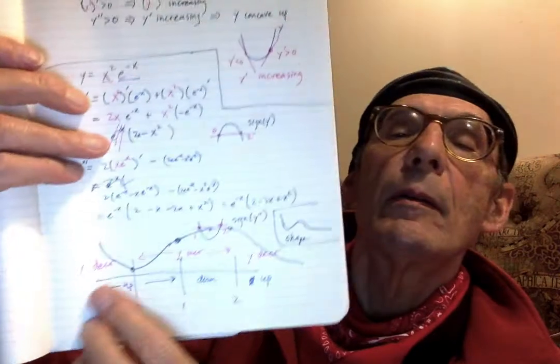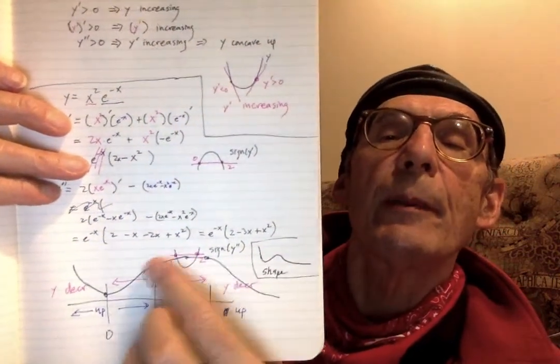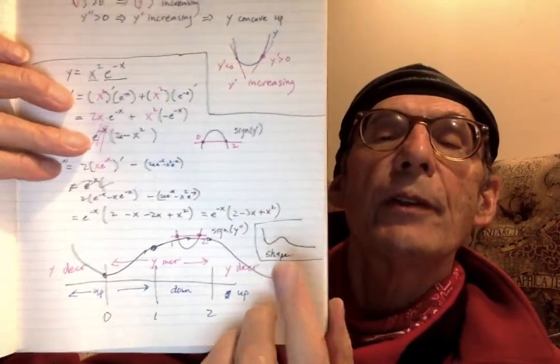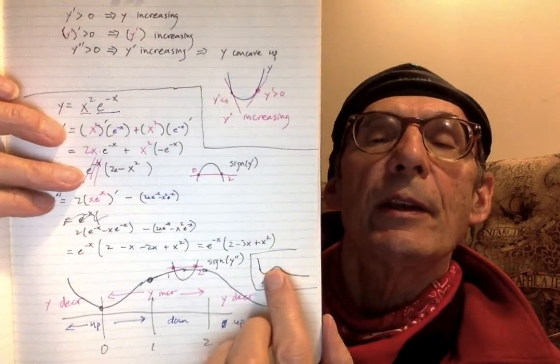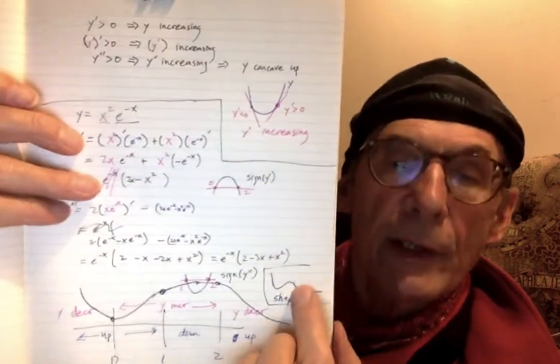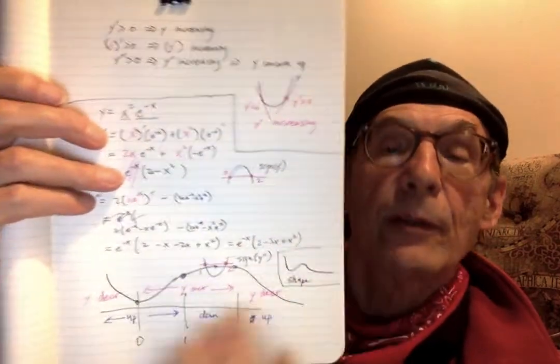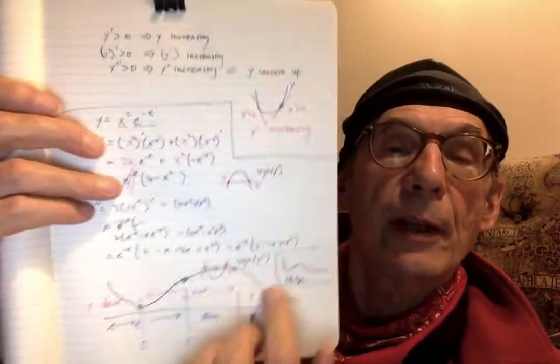So the shape we get, I'll kind of do this off to the side, is kind of like this. That's the shape. Over here. Sorry, I didn't leave enough room. So there's this shape, decreasing concave up, increasing concave up, increasing concave down, decreasing concave down, and so forth, as spelled out in this diagram.